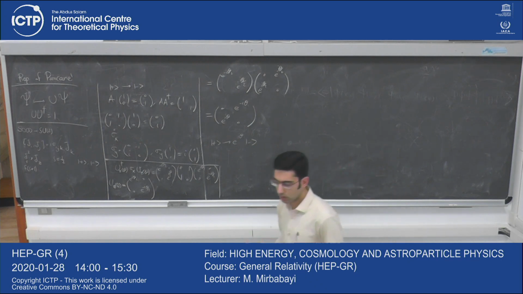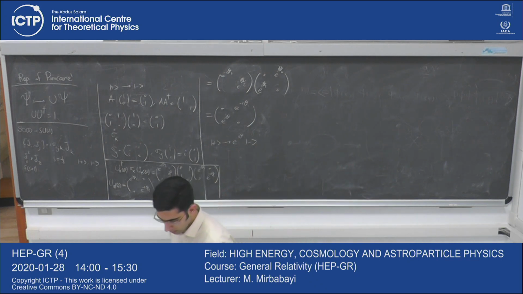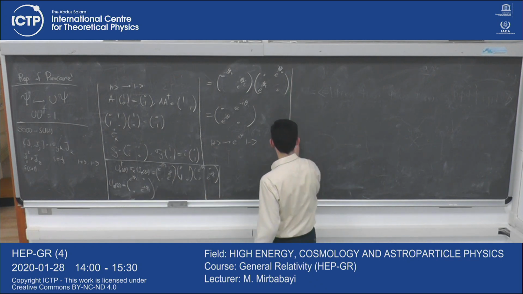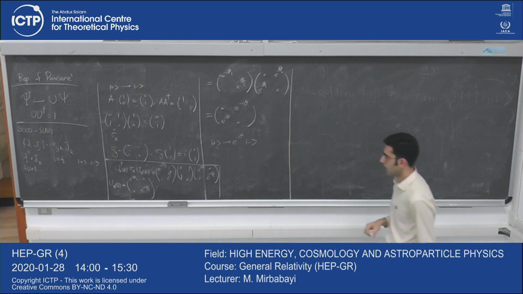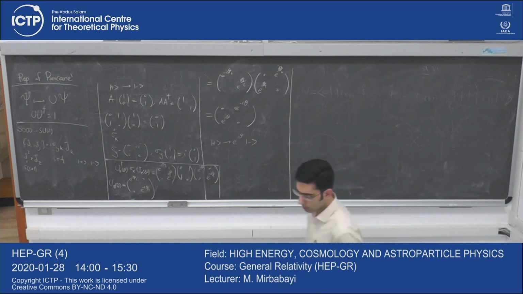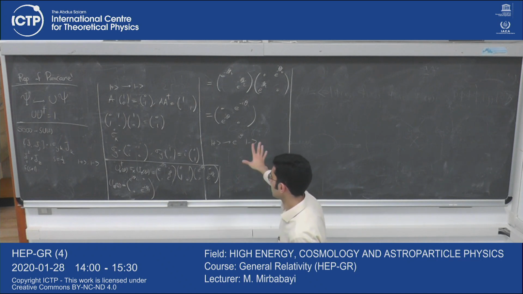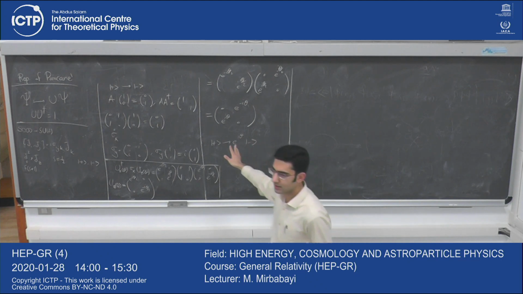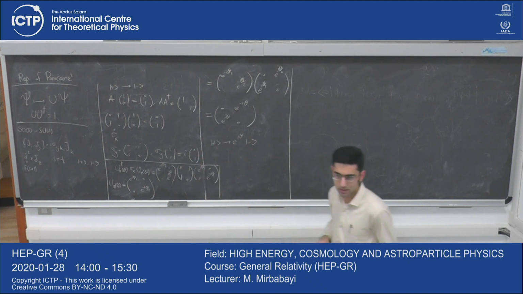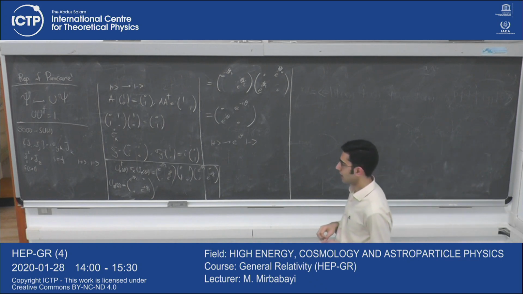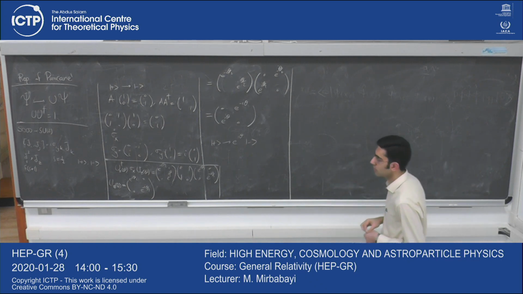I take plus to minus. Okay, so this was just an explicit example of perhaps the simplest irreducible representation of the rotation group.